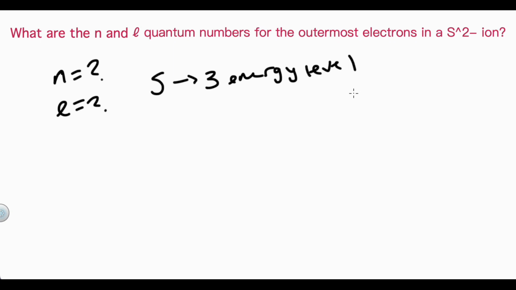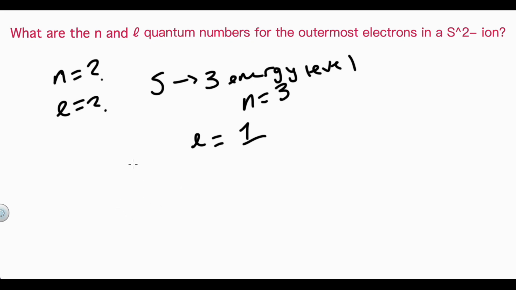The energy level is basically just the principal quantum number, so n is going to equal 3. And we know that the angular momentum quantum number, because it's in the p subshell, is going to be 1.